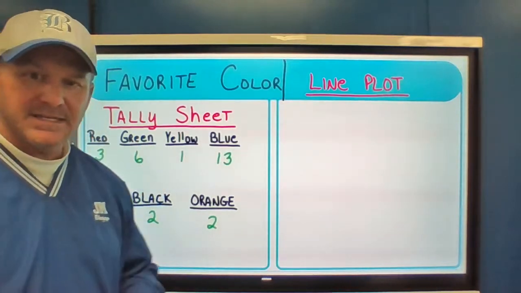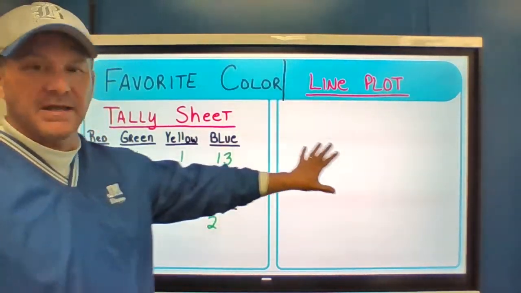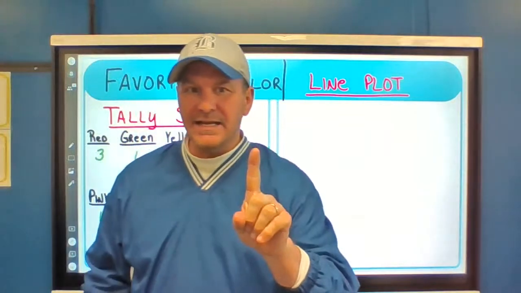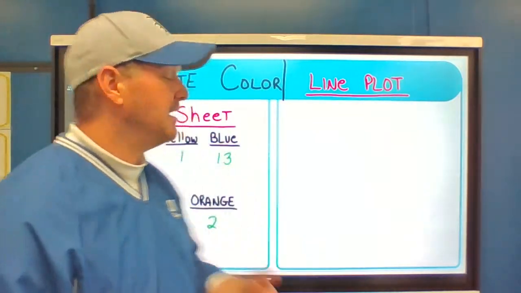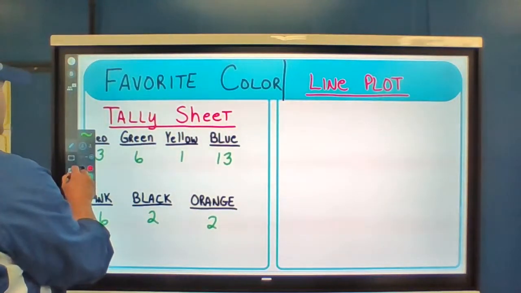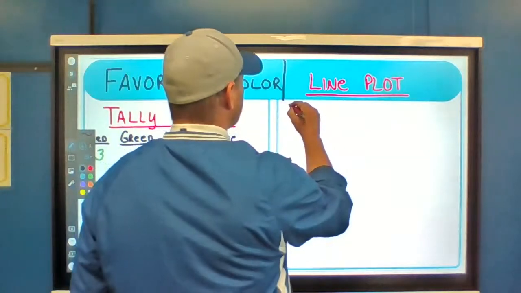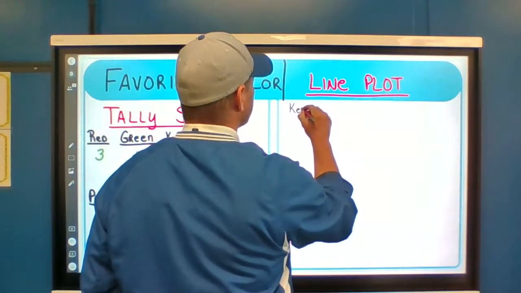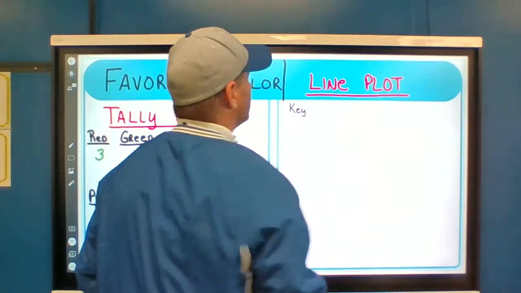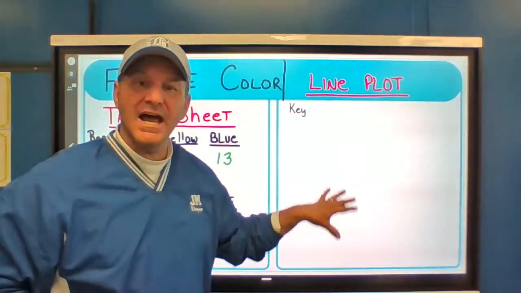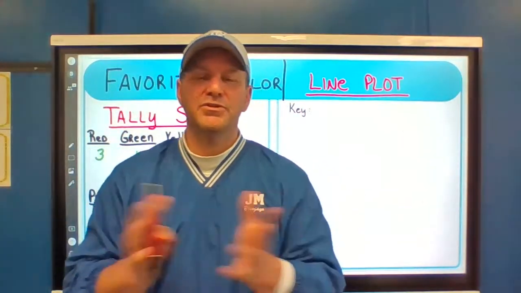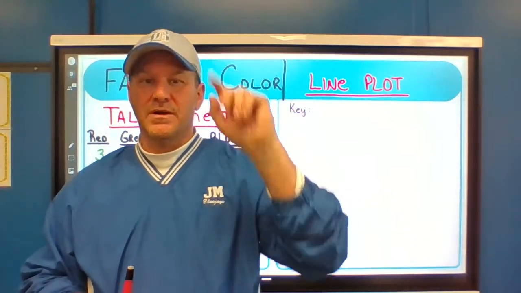So now I can take that data and make my line plot. First thing I need is my key. We don't even have to use X. Let's use a check mark.